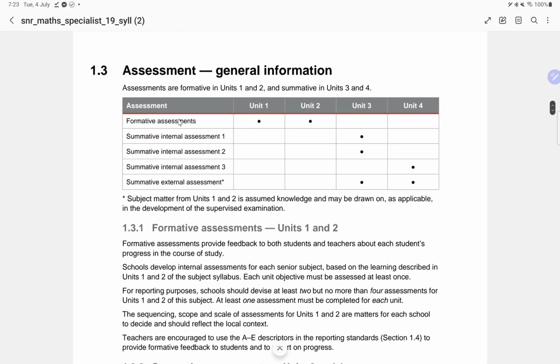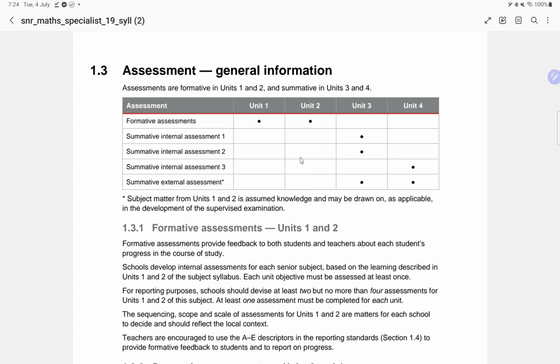You see formative is not counted towards ATAR, it's unit 1 and 2. Unit 3 has the summative, which is counted towards ATAR, internal assessment 1, the IA1 I drew earlier, which is the assignment. And then unit 3 also has internal assessment 2, which is an exam, and then unit 4 has an exam, and the external assessment is unit 3 and 4.